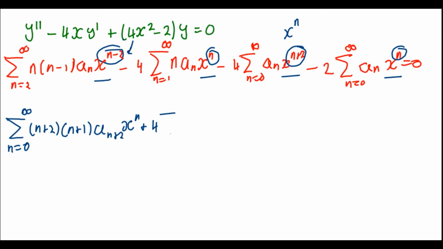That is already to the power n there, still going up to infinity. That will be your n, a sub n, x to the n, minus 4 summation. We are still going up to infinity. So for me to ensure this is n, since I'm shifting the index, where there is n, I need to plug in n minus 2. So if I say n plus 2, then where there's n, I plug in n minus 2.